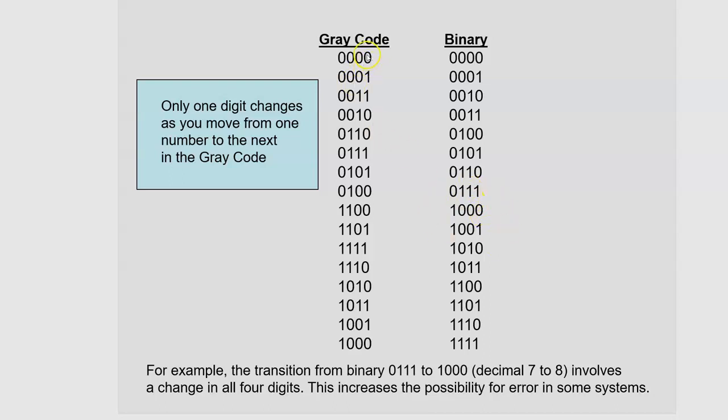Whereas if I use gray code, if you notice, as I progress down this list, only 1 bit changes at a time. So here, this bit changes. If you look, only 1 bit will change at a time. So for this reason, they call gray code error minimizing code.